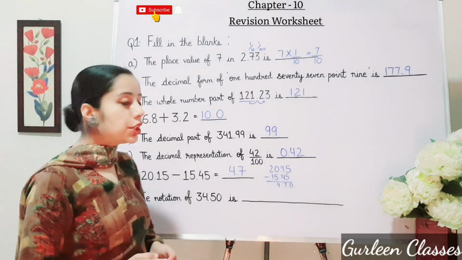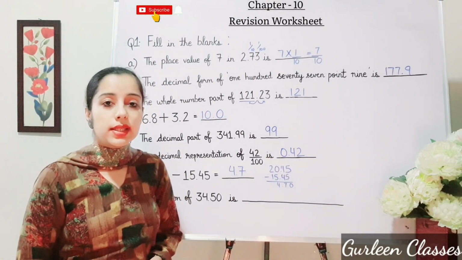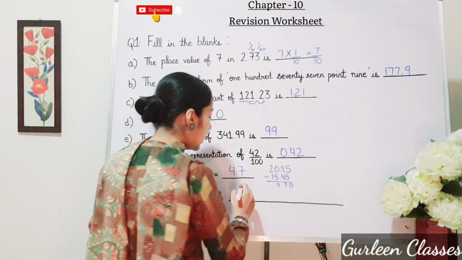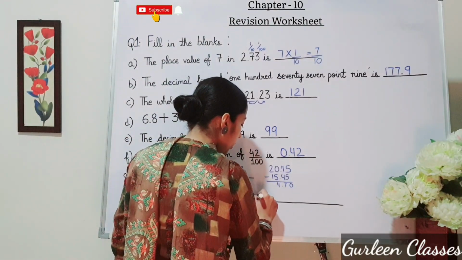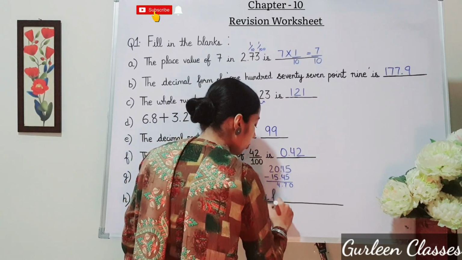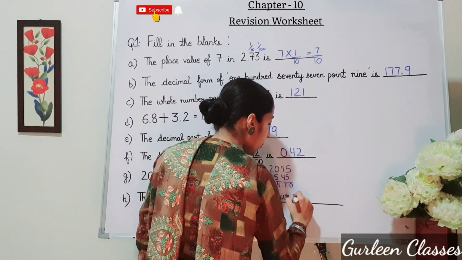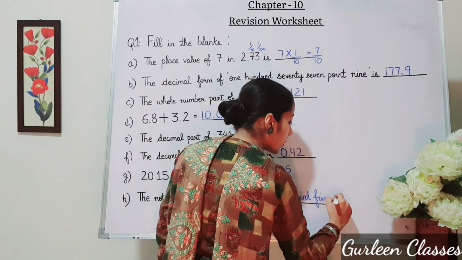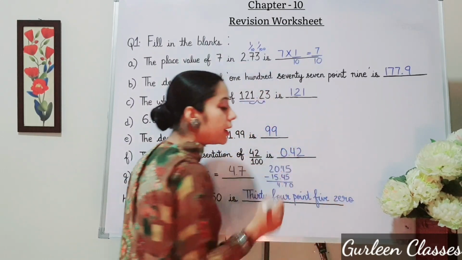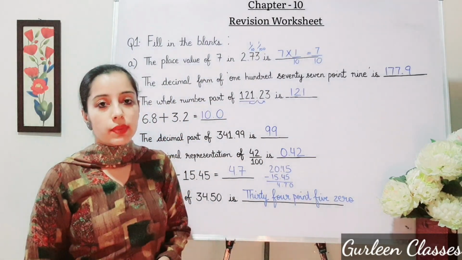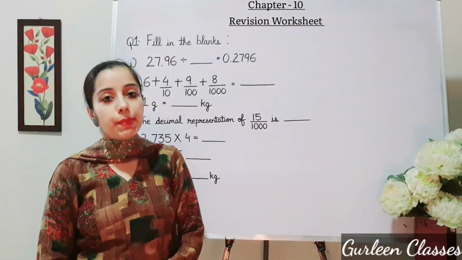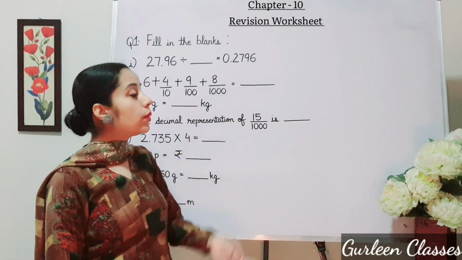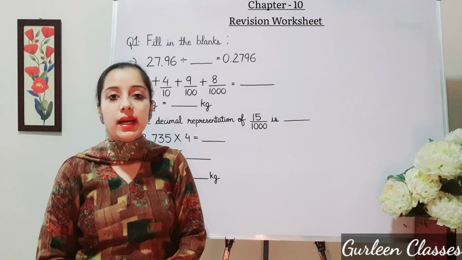Next, the notation of 34.50 is, as I am saying, 34.50. So right here 34.50. After the decimal point we break the number, so it will be 50. I part, 27.96 divided by dash is equal to 0.2796.